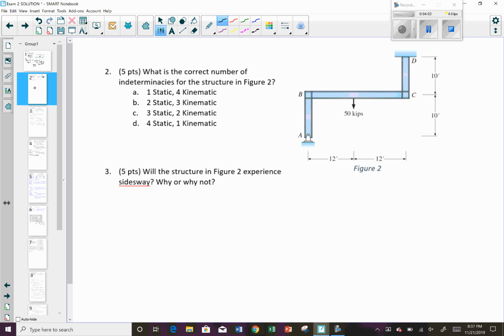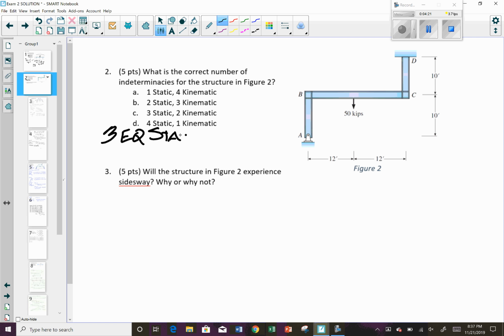Okay, the next one. What is the correct number of indeterminacies for the structure in Figure 2? We have 3 equations of statics. We have 2 reactions here, AX and AY, and then we've got 3 reactions here because this is fixed.